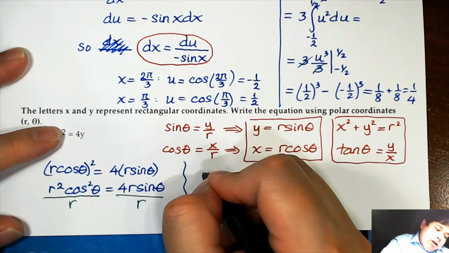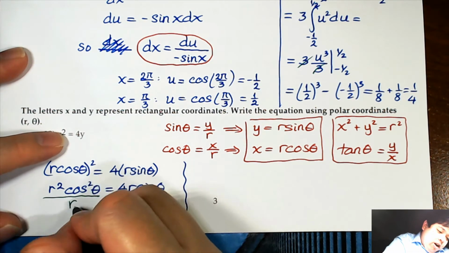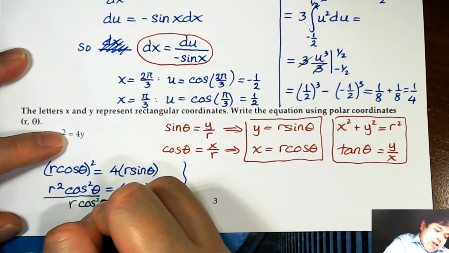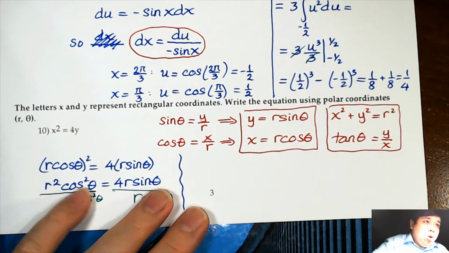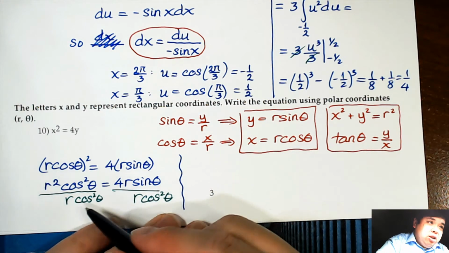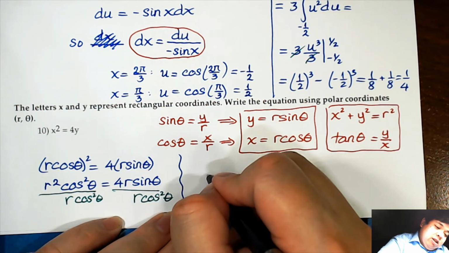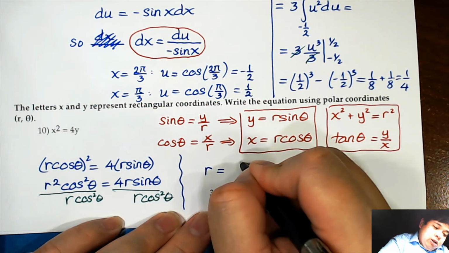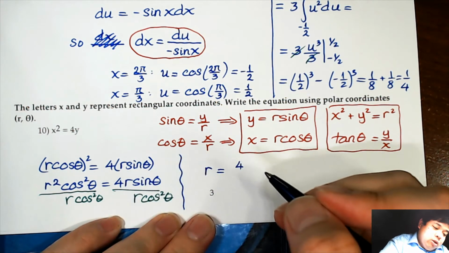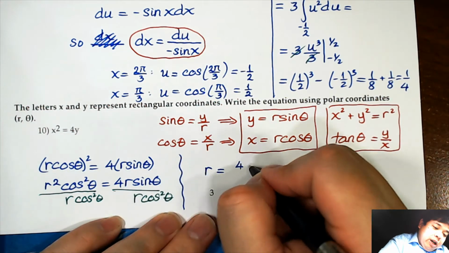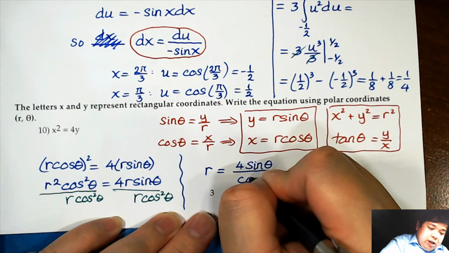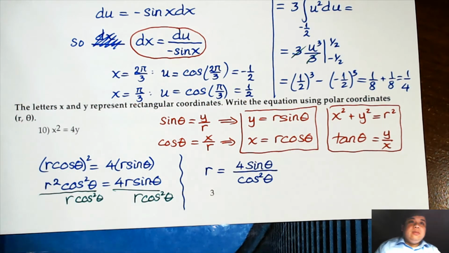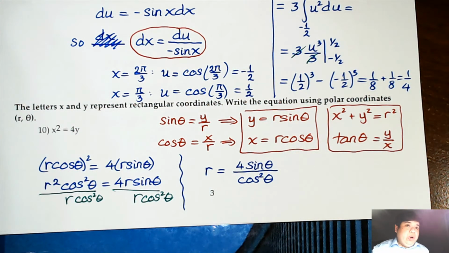So better yet, why don't we just divide by the cosine squared also. So the r cancels out, the cosine cancels out on the left. We have r equal to 4, r and r cancel out. We have sine theta over cosine squared. Right, that's good enough.